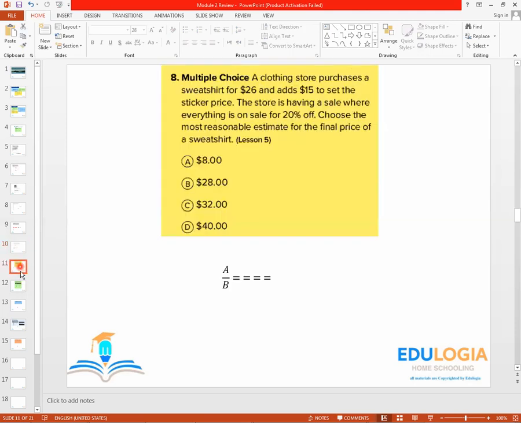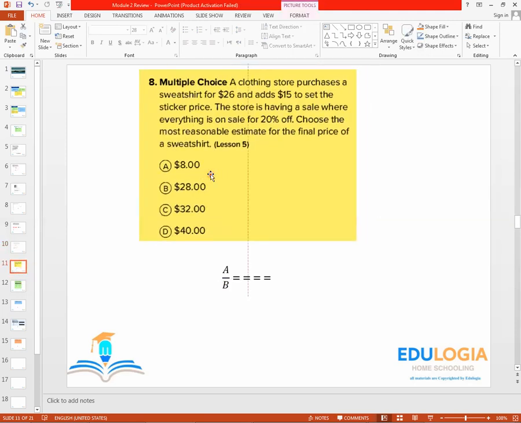Here, a clothing store purchases a sweatshirt for $26 and adds $15 to set the sticker price.